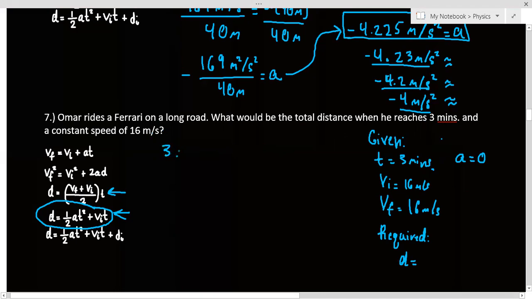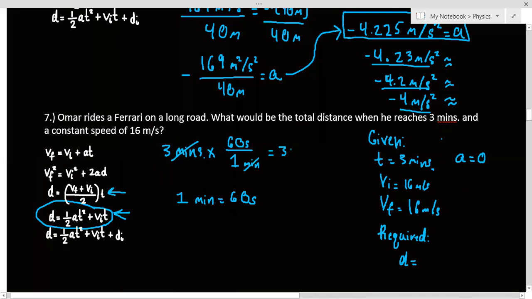So, 3 minutes. Remember that 1 minute is equivalent to 60 seconds. Therefore, we can convert 3 minutes by multiplying by 60 seconds all over 1 minute. The minute will cancel.